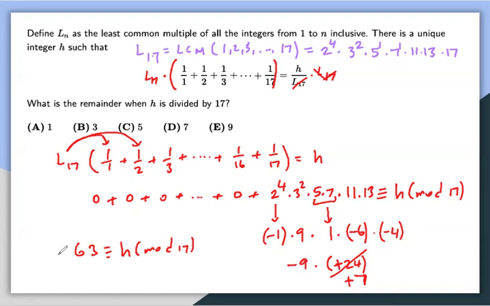If you multiply this by -9, you get -63. And if you add a multiple of 17 until you get a positive number, which is 4 times 17, that's 68, and add that to -63, we just get 5. So this is congruent to 5 mod 17, and this is our remainder, so that's choice C.